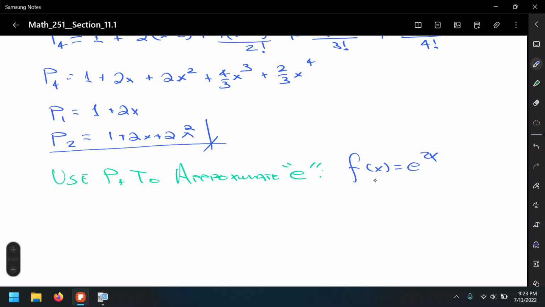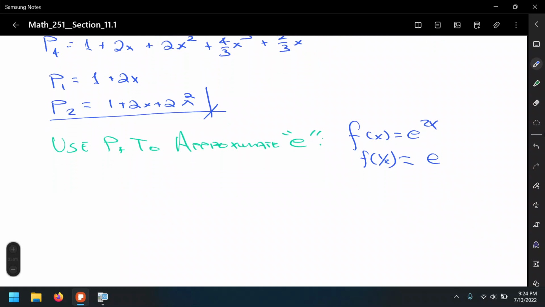Now, if we use the original function to get the accurate value, which value of x should we plug in so that the output right here is simply e? All right, think about that. What number would that be? Should it be 1? Well, if x equals 1, then f of 1 equals e to the 2 times 1, which is e to the 2. Well, that's not going to give us e. So in this case, we need f of 1/2. F of 1/2 would be e to the 2 times 1/2 reduces to 1, and that's our e.